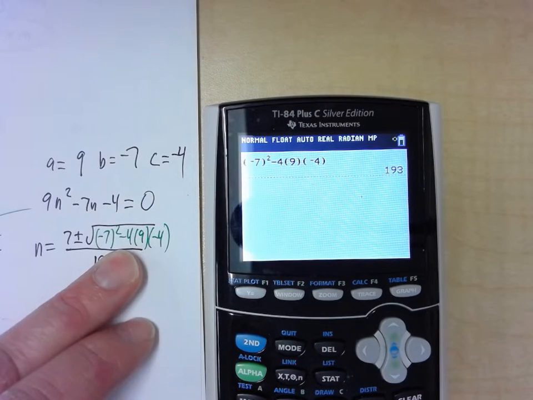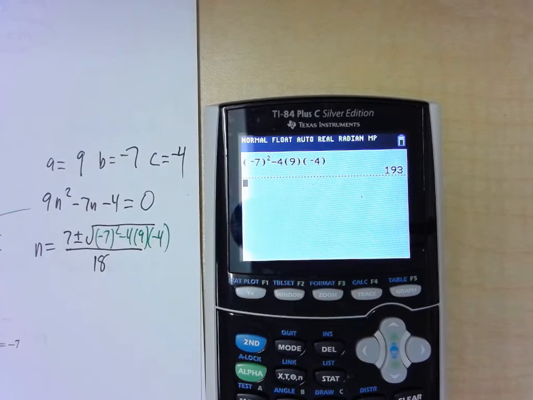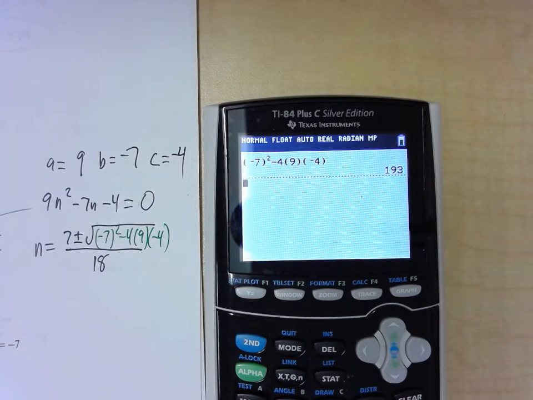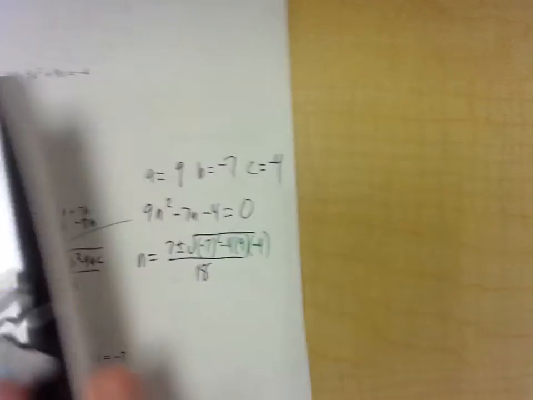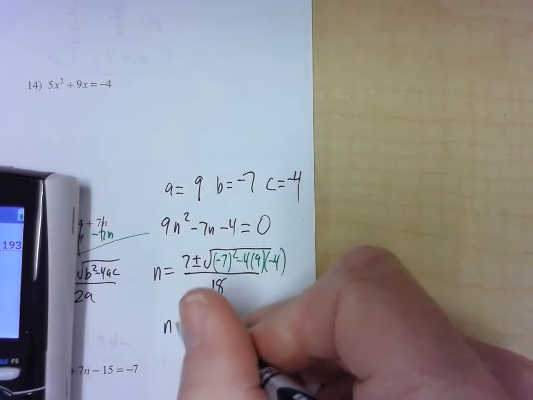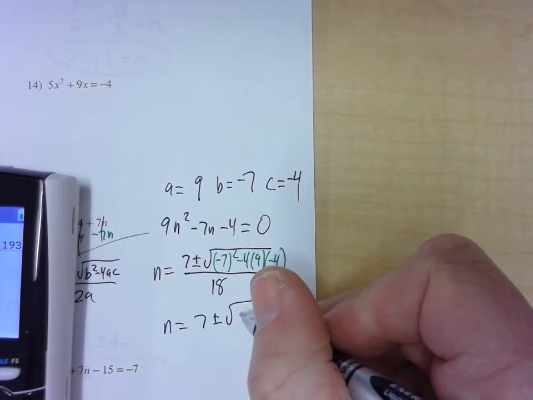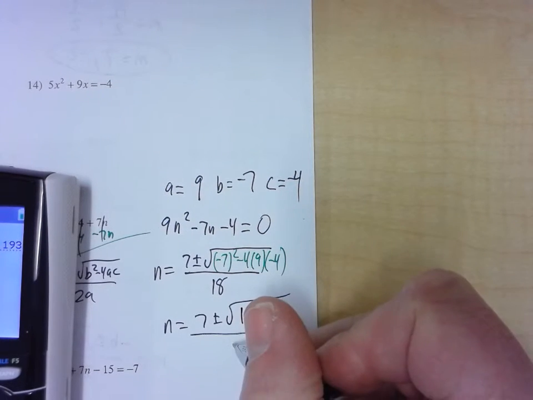And enter. 193. 193 is also not a perfect square, because 225 is a perfect square, 196 is a perfect square, but not 193. So n is equal to 7 plus or minus the square root of 193 over 18.